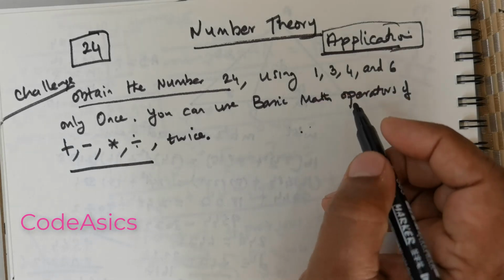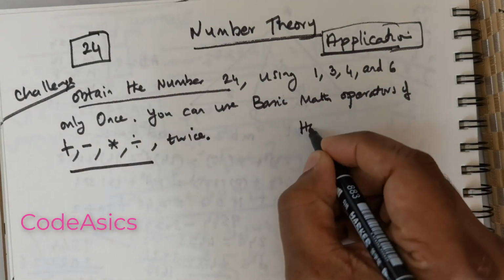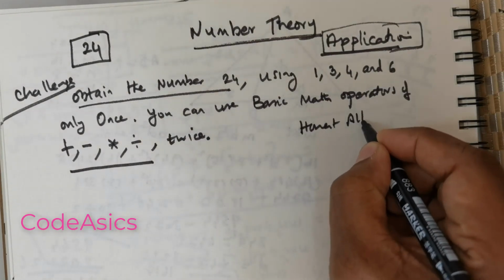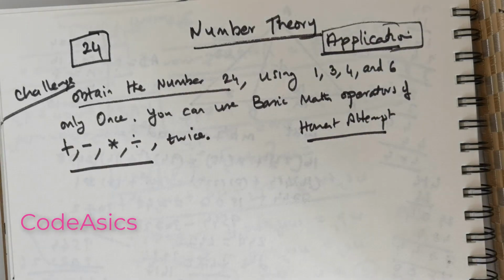So I hope you have paused the session. You can pause the session and try these questions, and make sure that you make an honest attempt at getting this particular value, right?